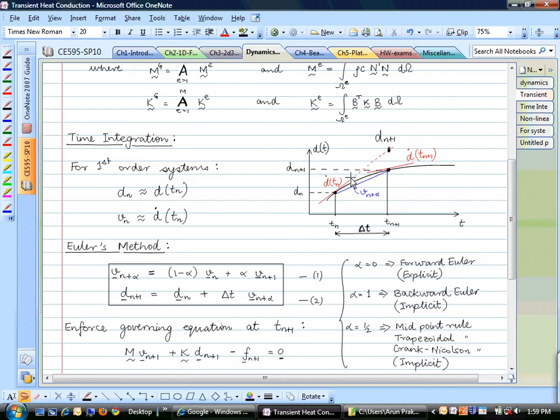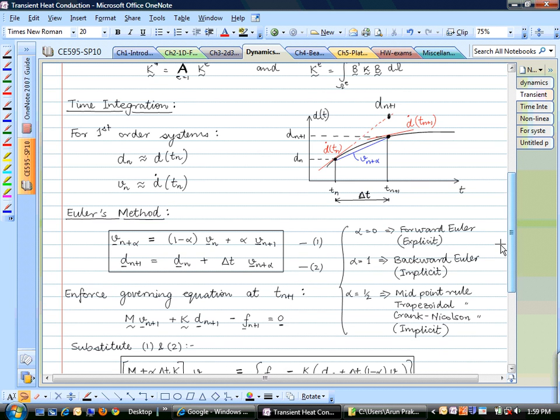The slope here is much greater than the actual slope. The slope here is much smaller than the actual slope. So if you take a combination of those two, which is what the midpoint rule does, that midpoint rule is much more accurate than either forward Euler or backward Euler.